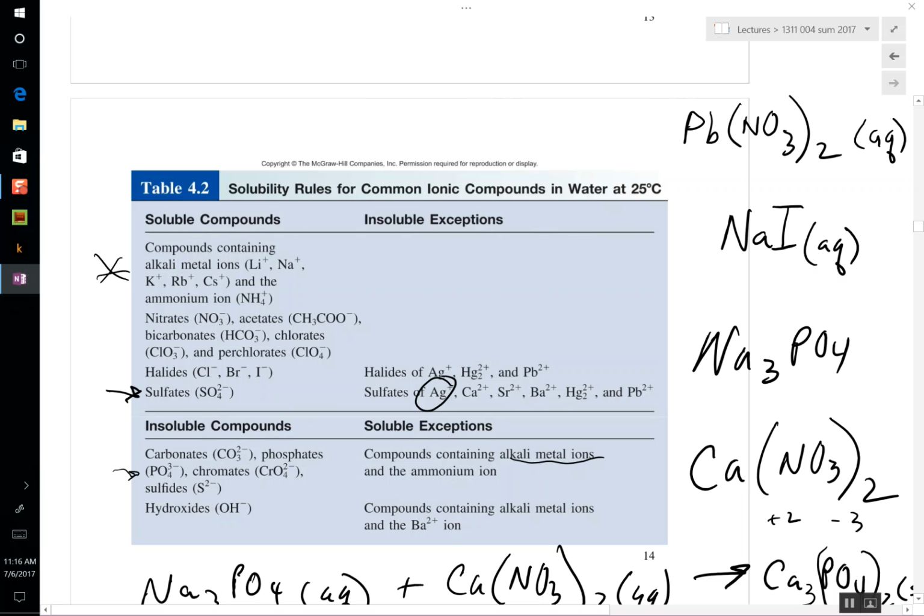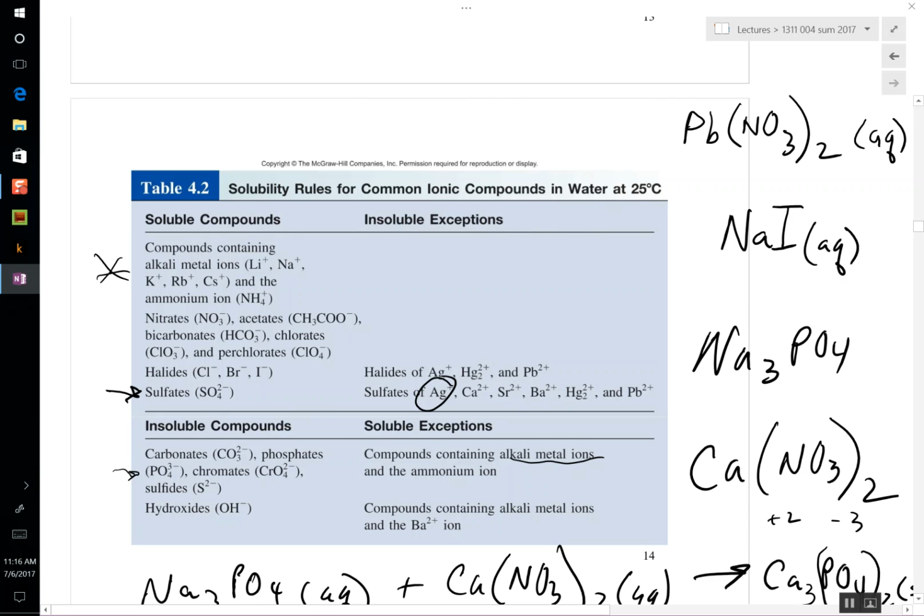What about silver chromate? Chromates: insoluble. What exceptions? Sodium chromates are soluble.